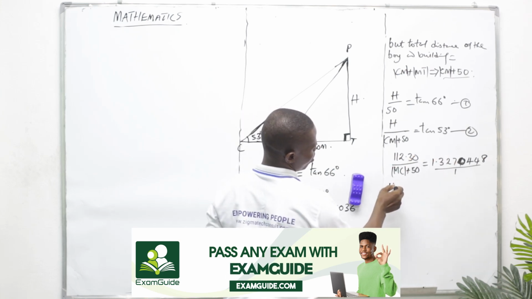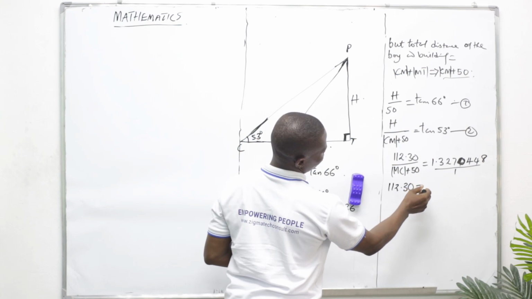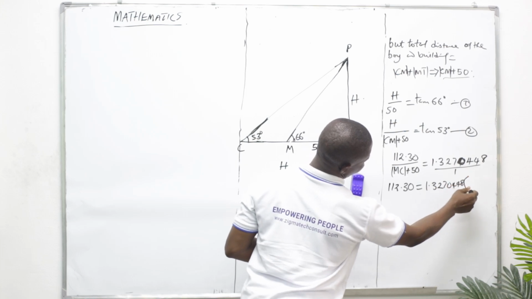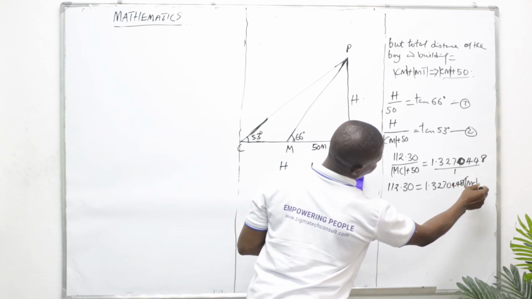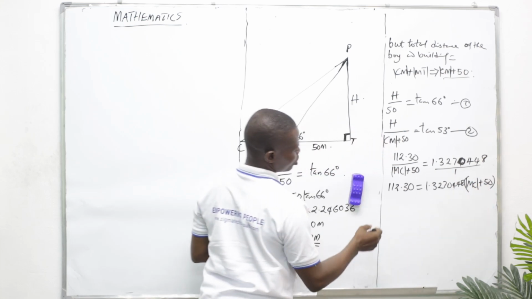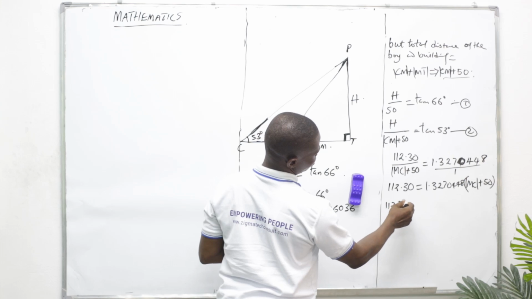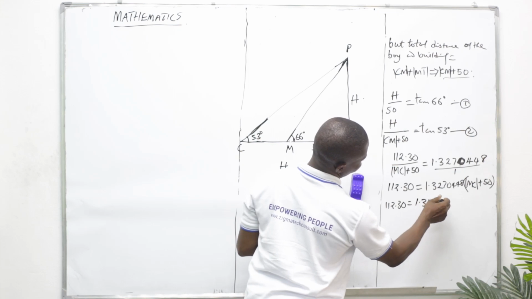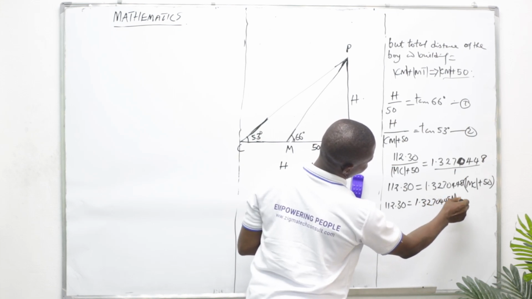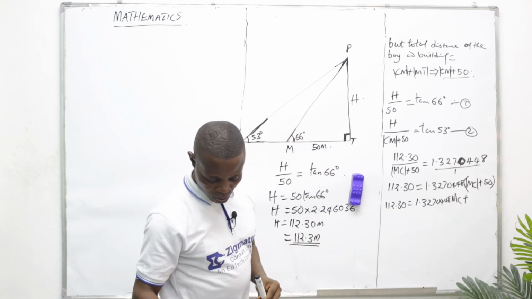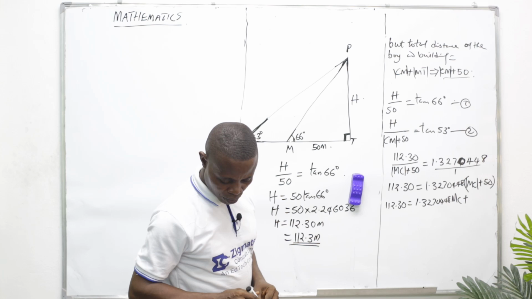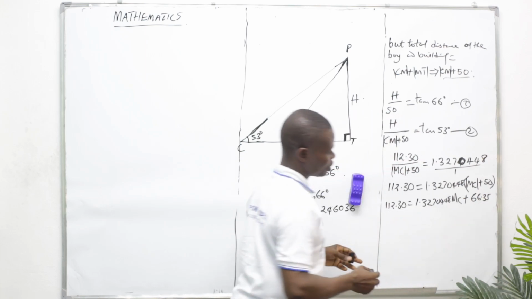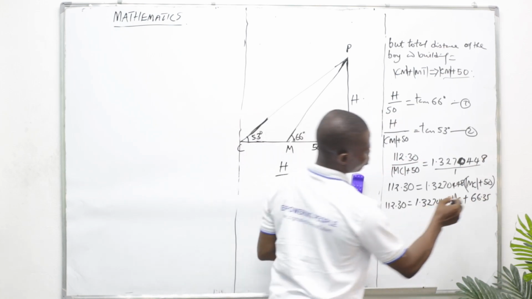This to this, this to this. 112.30 equals 1.3270448 multiplied by MC plus 50. So that 112.30 equals 1.3270448 MC plus 66.3522.